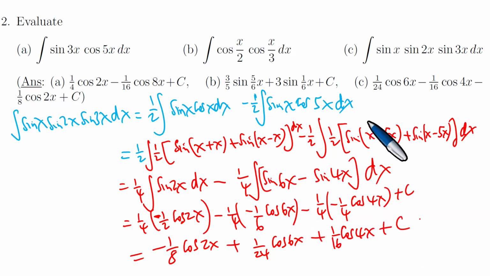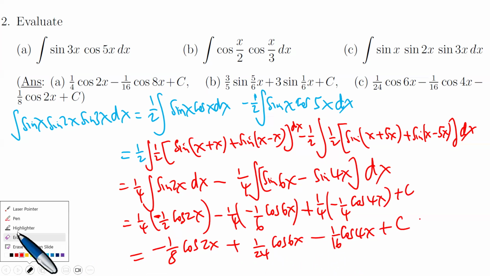So now you have 1/24 the cosine of 6x, and then let's check the signs here. Let us check the sign. So this negative by negative is going to be plus. It's going to be plus so that this is going to be exactly minus.